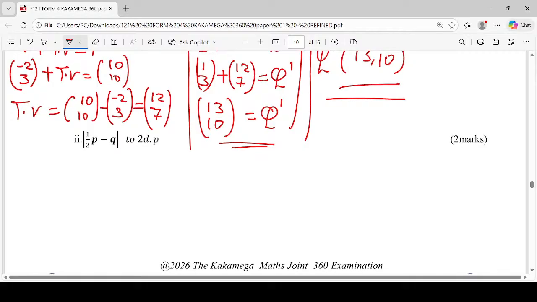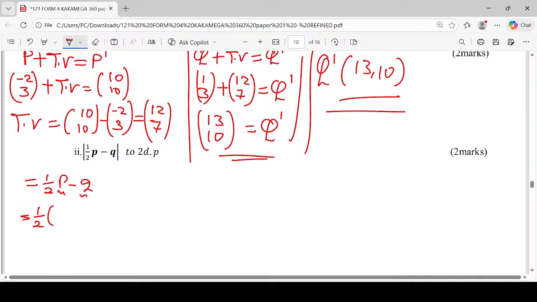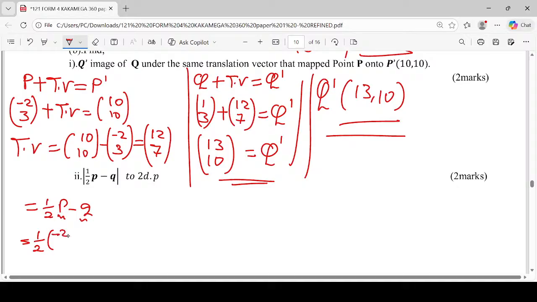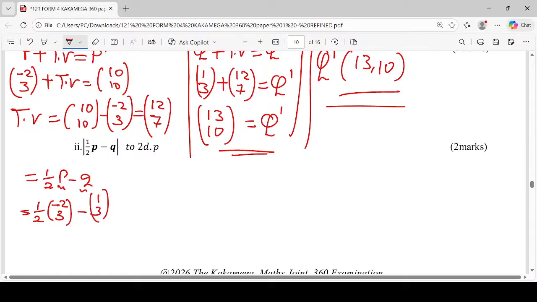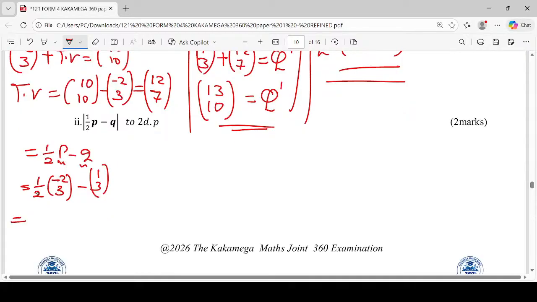Let's look at this. The magnitude of a half P minus Q. So first of all, let's solve this. When you've been told a half P minus Q, this means it's a half of P. Remember, our P was negative 2, 3 minus Q, and our Q is 1, 3. So this means a half times negative 1, negative 2, that's going to be negative 1.